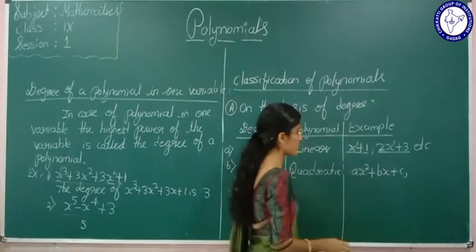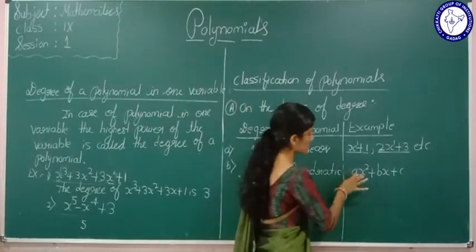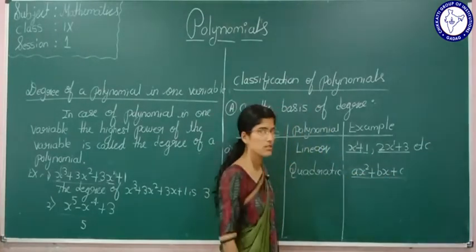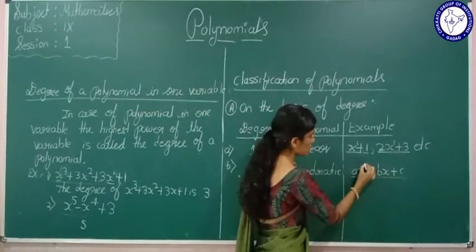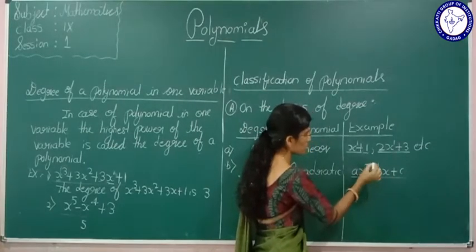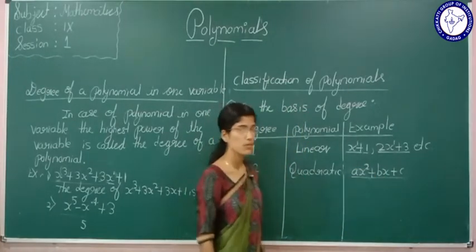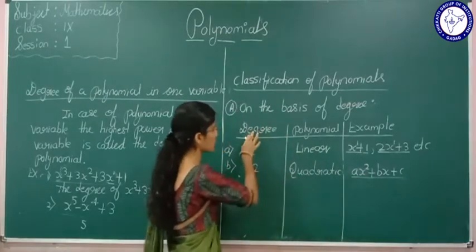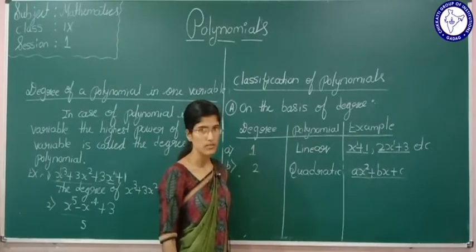So this we will take in general, okay. Here this is definitely a polynomial, right. Here the highest power of the polynomial is what? It is 2. Yes or no? The highest degree of this polynomial is 2. If the degree of the polynomial is 2, it is called quadratic polynomial, okay.